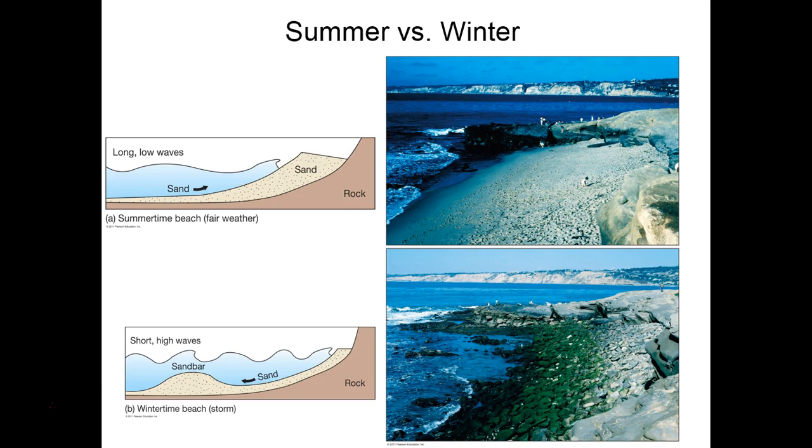So instead of having some of the water seep into the sediment, all of the backwash comes back out, and with it brings all of the fine particles, and those fine particles can be deposited out on a sandbar. And so what that ends up looking like is, when you have light wave activity, you have lots of fine sediment on the beach, and when you have heavy wave activity, that fine sediment gets taken off of the beach, and what remains are the larger rocks.